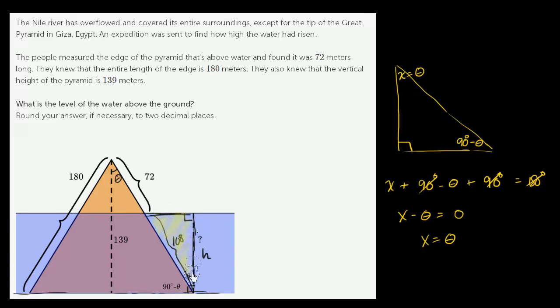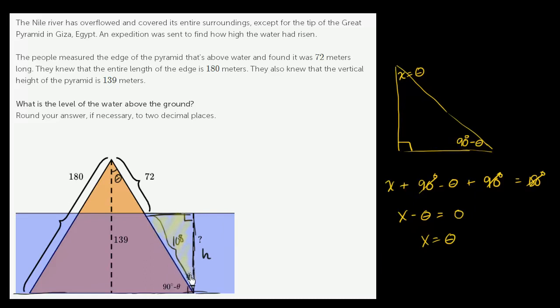If we wanted to solve for h using a trig ratio based on this angle theta, relative to this angle theta, this side of length h is an adjacent side, and this length of 108 along the edge is the hypotenuse of this yellow triangle that I just highlighted.